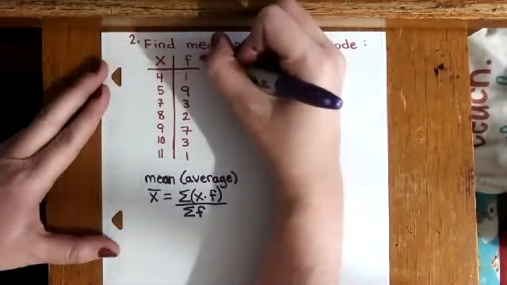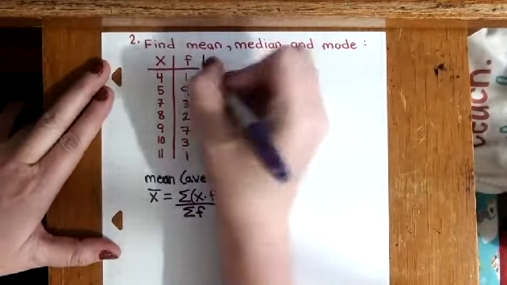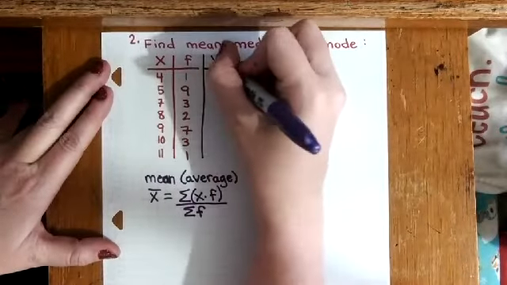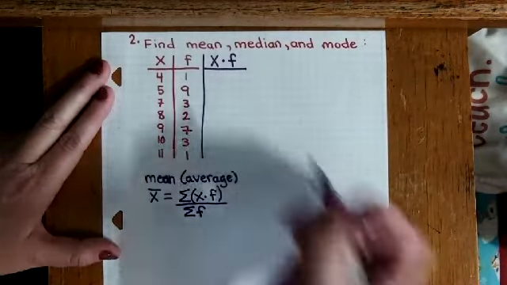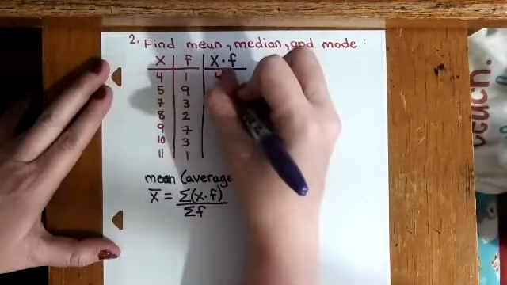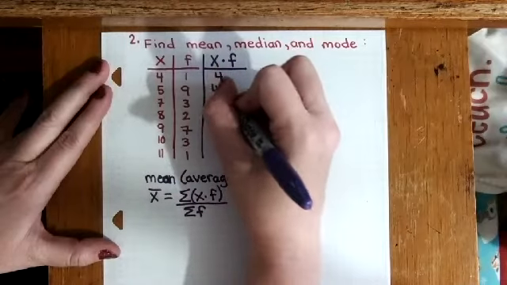So generally we give ourselves an XF column where we just multiply straight across these rows. 4 times 1 is 4, 45.